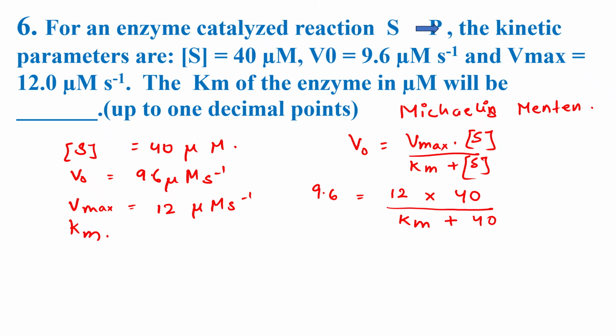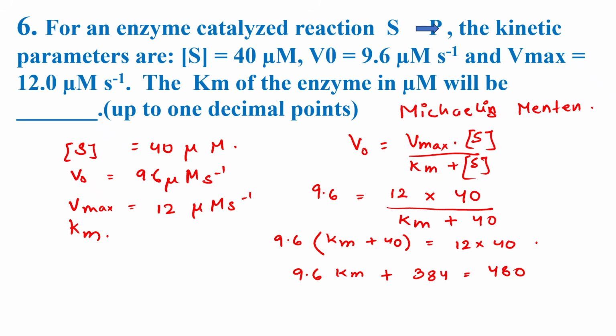So it will be 9.6 Km plus 40 is equals to 12 into 40, or 9.6 Km plus 384, 12 fours are 48, or we'll get 9.6 Km is equal to 480 minus 384, or Km will be 10. So over here my correct option answer will be 10.